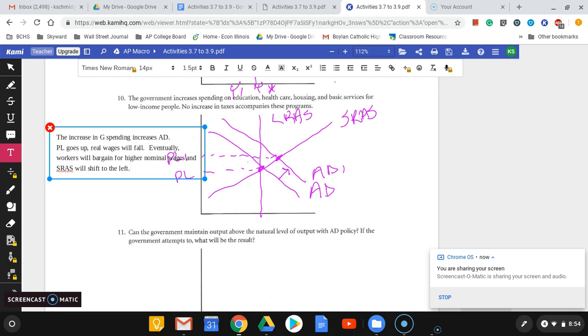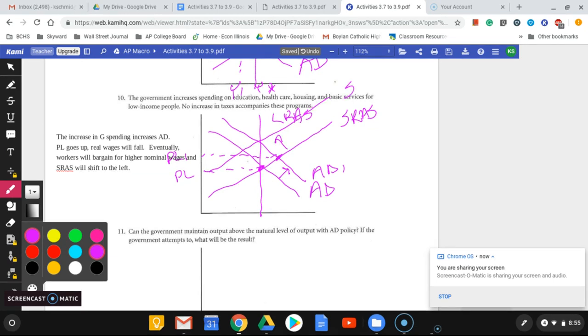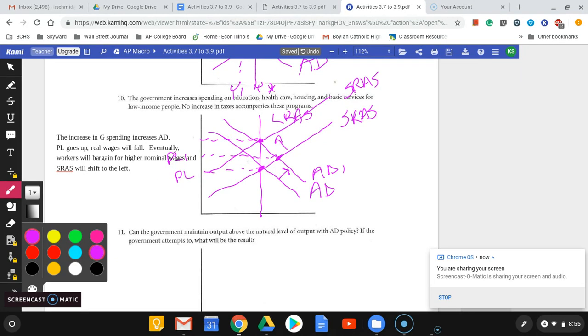So I'm going to show that. Now SRAS shifts back to the left here. So we're back to where we want to be in the long run, but our price level is going to be higher.